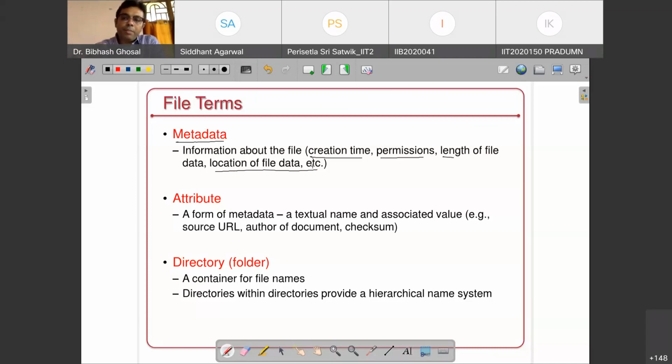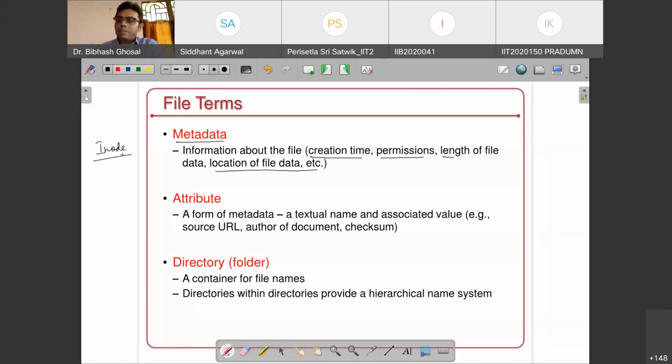And now tell me, where did the metadata of a process reside? Where was the metadata of a process residing? Siddhant says PCB, exactly. Very similar to this, the metadata of a file resides in something called an inode.